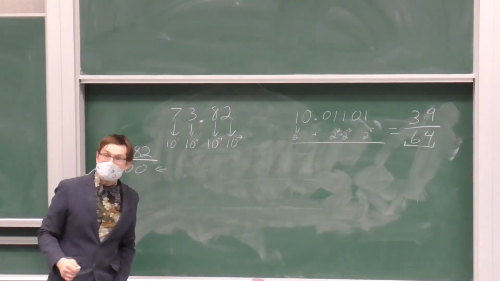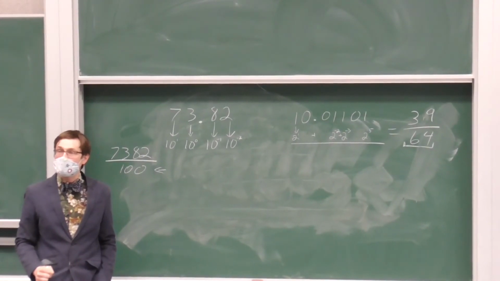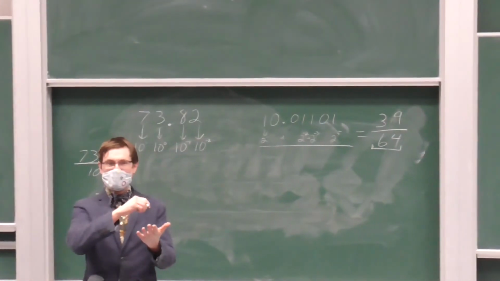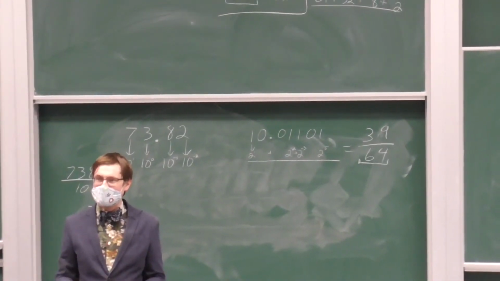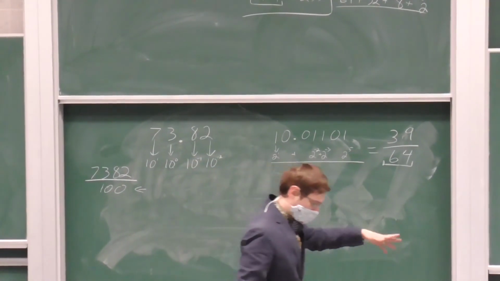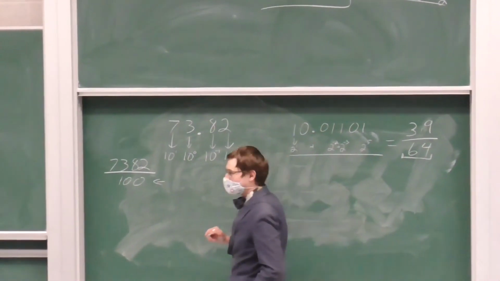Consider for a moment the number 1/3. If you take out your calculator, type 1 divided by 3, what do you get? 0.333, 0.3333333 ad infinitum, right?